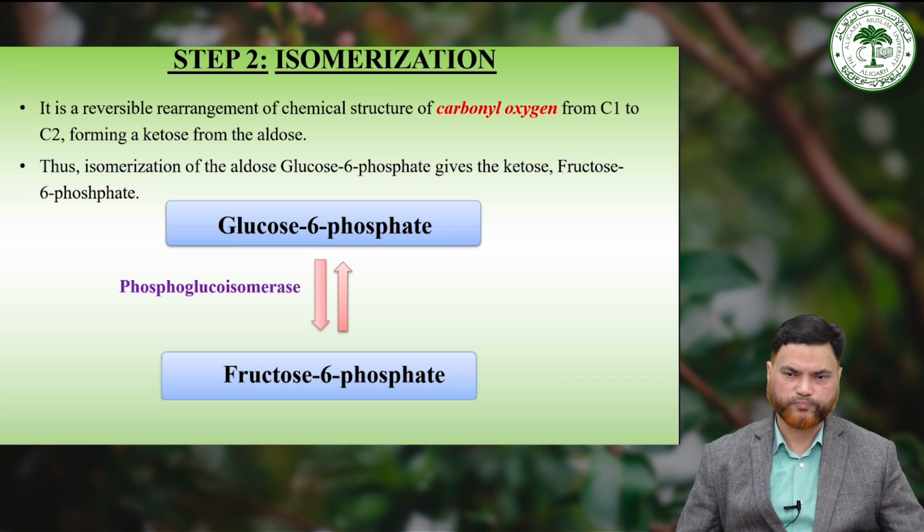Second, during the following steps where a carbon-carbon bond is broken, the isomerization to fructose with the carbonyl group shifting to carbon 2 activates carbon 3, making the cleavage of the carbon-carbon bond easier. So this is the rationale of this particular isomerization.